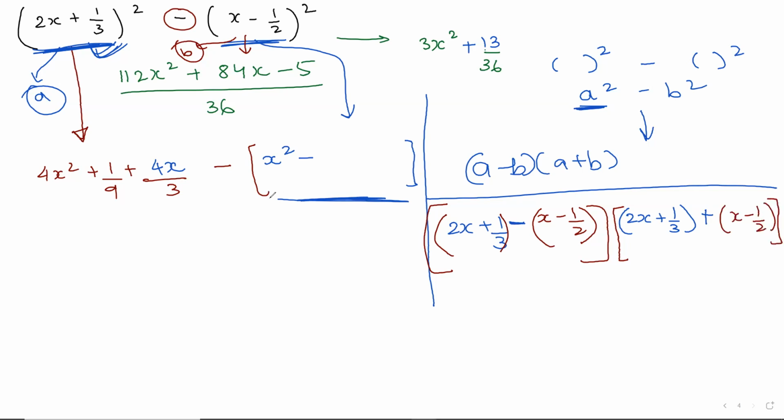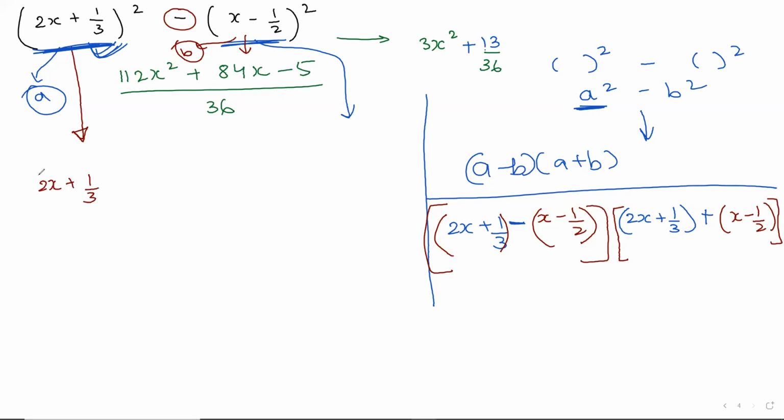So, when you're solving this kind of question, the first thing that you need to do, let me just clear some space over here, is you need to clearly mention what is my A, what is my B. Okay. So over here we need to mention 2x plus 1 by 3, this is my question, whole squared minus x minus 1 by 2 whole squared.